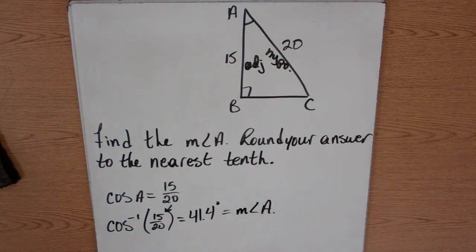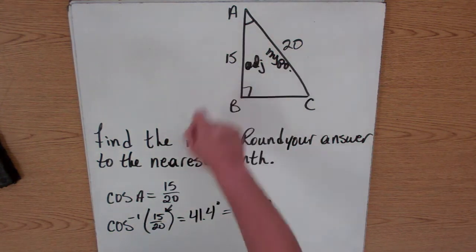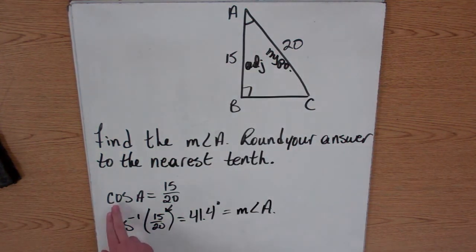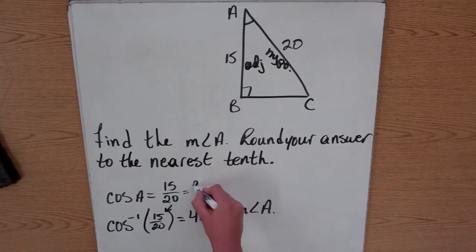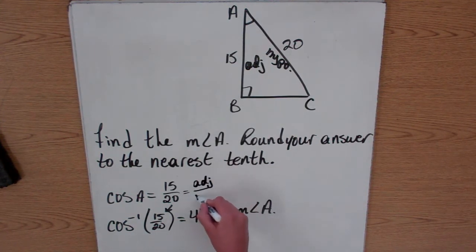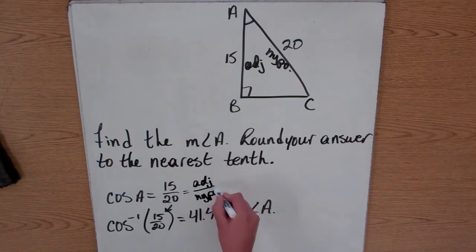Okay? So, again, we have our sides. We want to know our angle. We're going to do the cosine of A, because we don't know what A is. We're going to do the cosine of A equals opposite over hypotenuse. I'm sorry, adjacent over hypotenuse. Remember, that's adjacent over hypotenuse.